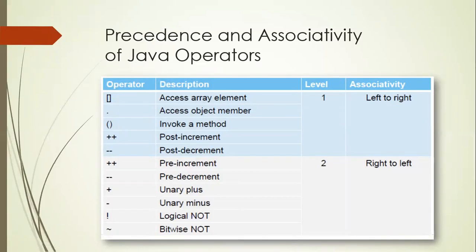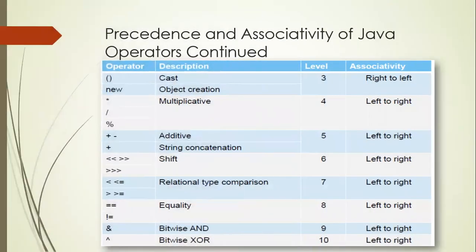In most cases we need to remember only the right to left ones, which makes it easy to remember the left to right ones, because those are very few. The type casting operator is level 3, right to left, and the new operator is again right to left.